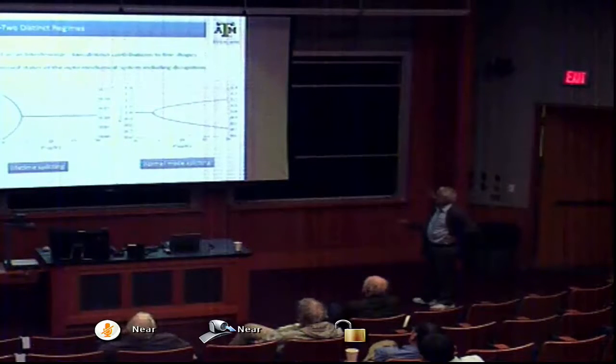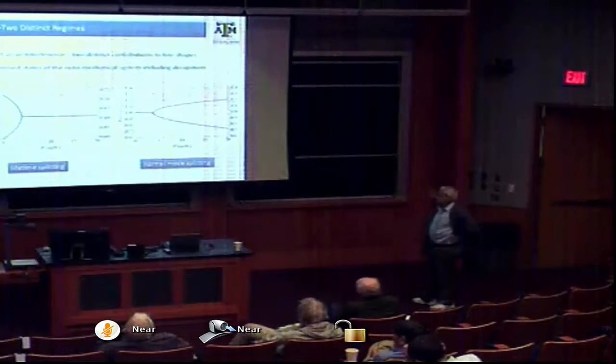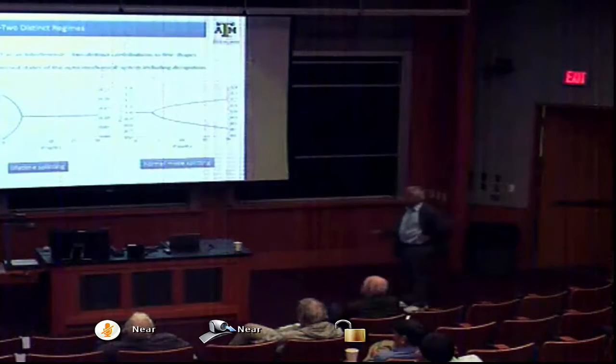One is this regime where the real part of the mode frequency splits, and the other one is this regime where the imaginary part of the mode frequency splits. And in the past we have termed this regime the lifetime splitting.